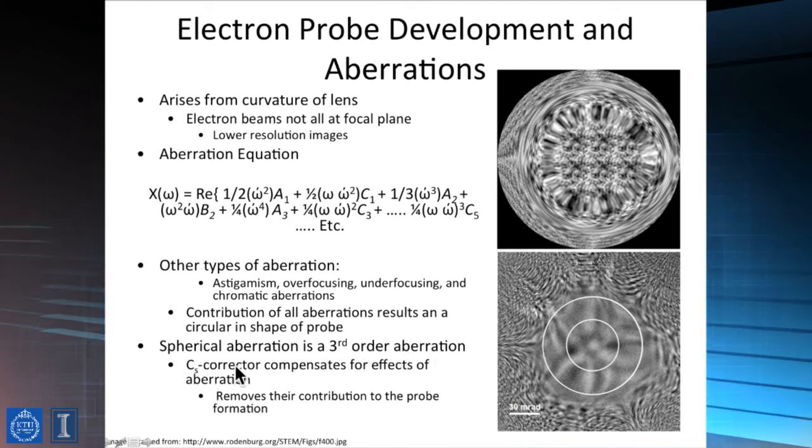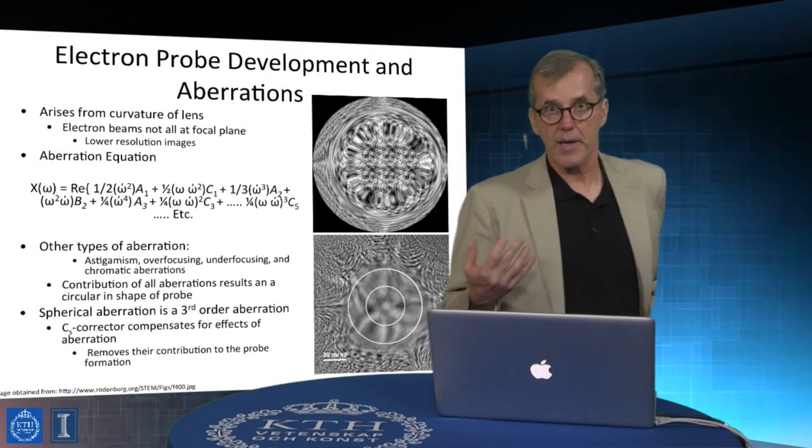And this is called a Cs corrector, which allows us to generate a coherent and aberration-free central component of this propagating electron beam, an exact analogy for what we saw for the light case.